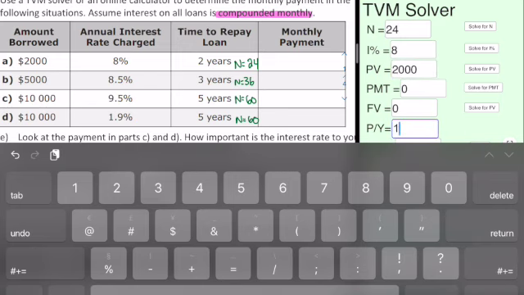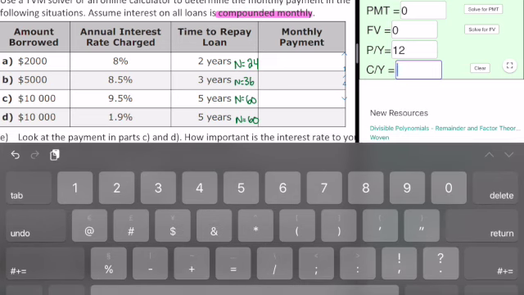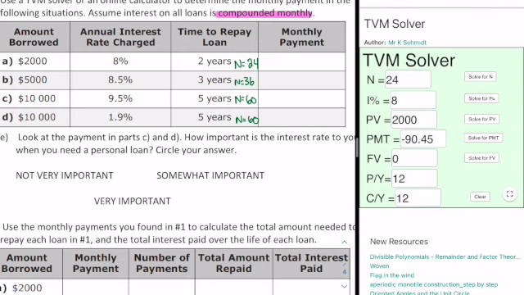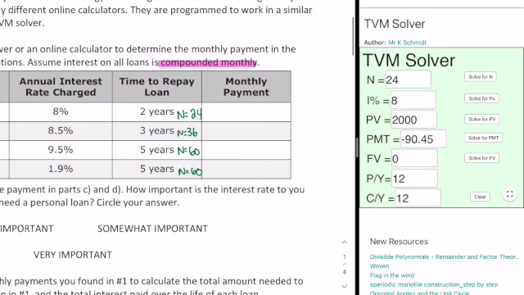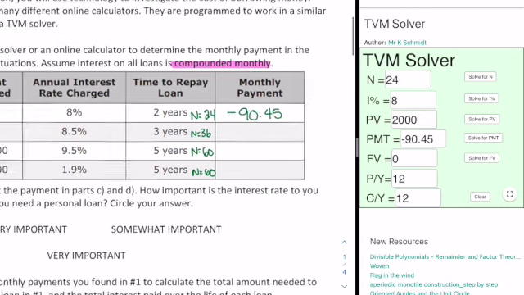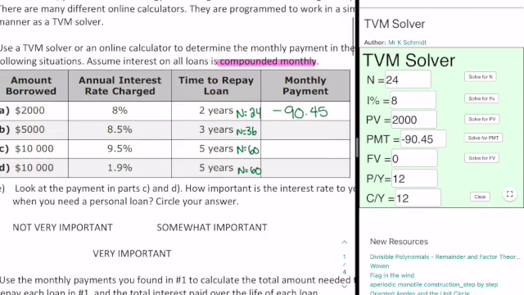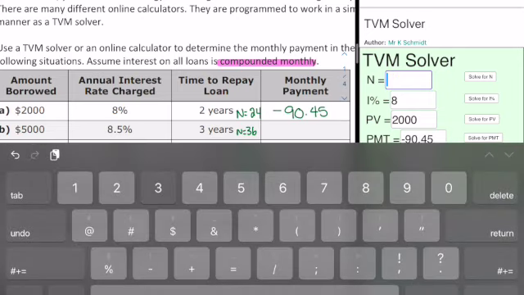It's 12 payments per year, and it is compounded monthly, so once again, it is 12. We're going to scroll back up and solve for PMT. You will see that it is minus 90.45. This makes sense, the minus, because you are paying that $90. If we plug everything back in the same way for the other numbers, we'll see what the difference is.